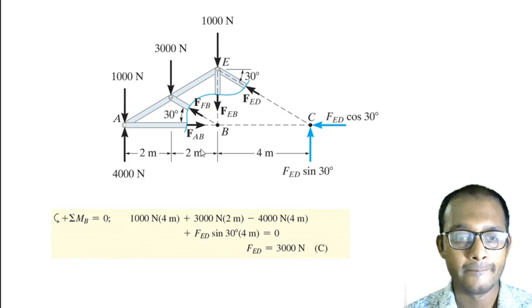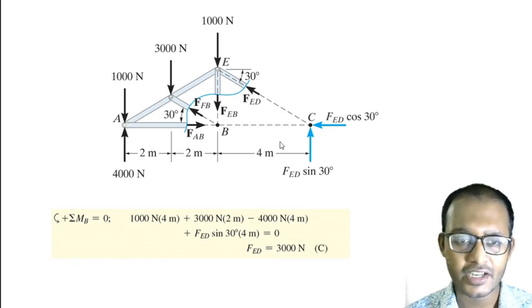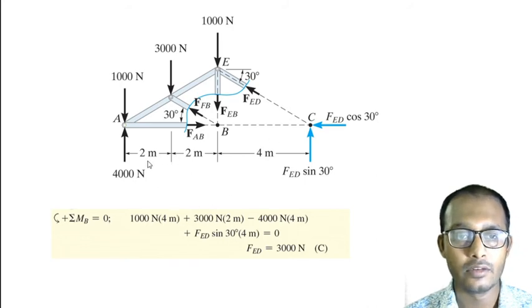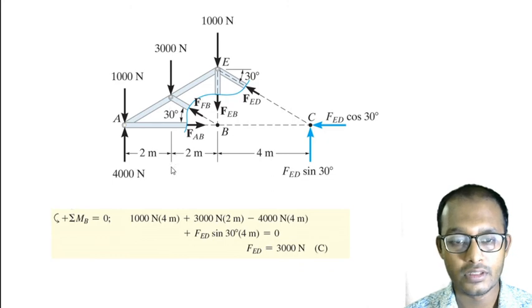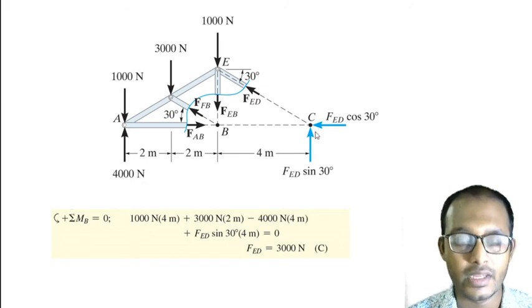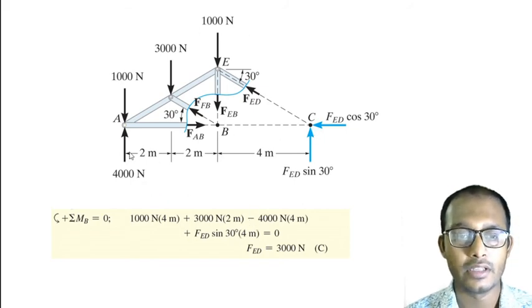In this direction I have to go, so that is the anti-clockwise direction, so it's positive. Then we have another force, 3000 kilonewton, and in this direction again it will be positive. Then we have another force, 4000 kilonewton, and definitely it's going to be negative. And then we have another force, FED.